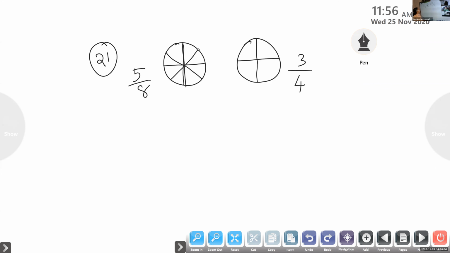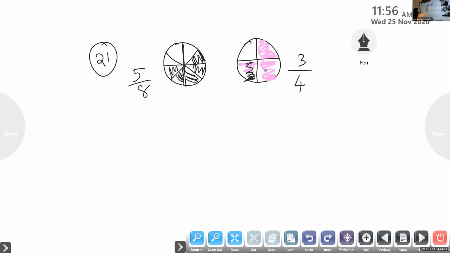So I am dividing into 5 parts. I will start from here. 1, 2, 3, 4, 5. So here also I will start with the same, 1, 2, 3. Looking at the picture itself, children, you can understand which is bigger.